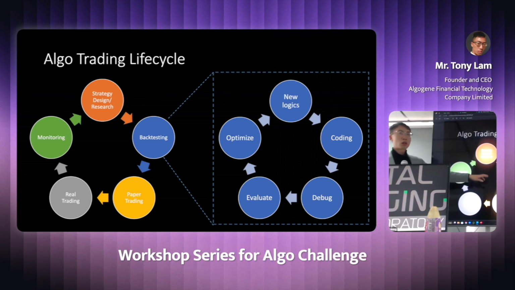Once you come up with a good trading strategy, the next step is paper trading. Paper trading simply means that we apply our strategy over the real-time market. We base on real-time market data to feed into our trading program, but we just use virtual money to run our algorithm.